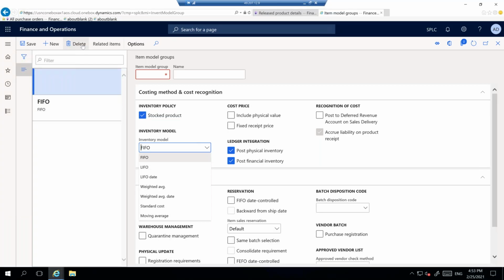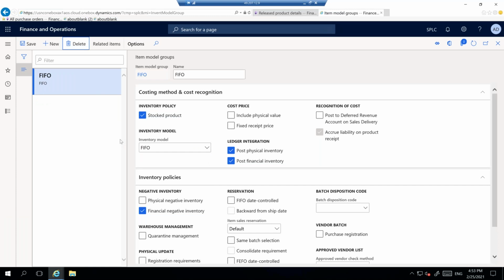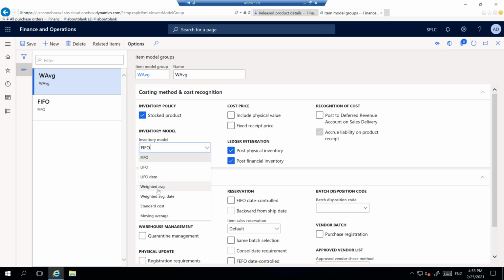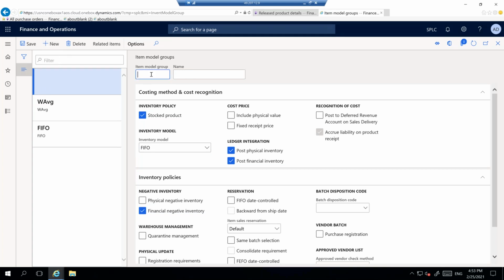So what I need to do is create 3 models: weighted average, and if FIFO is available already, I need to create one more, LIFO.